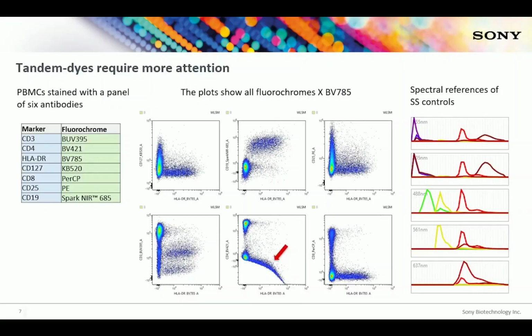When looking at the plots with all the fluorochromes versus BV785, we see that the BV785 and BV421 pair show unusual shape, typical of unmixing errors. And here we are seeing the spectral shapes of all single-stain controls, normalized spectrum, that were used to calculate the unmixing matrix.